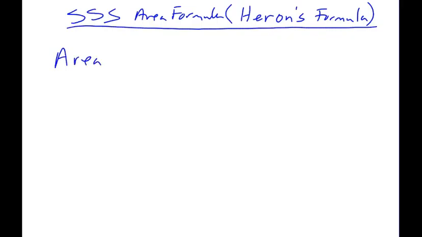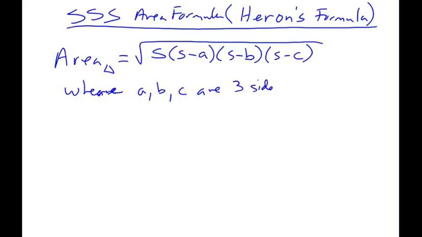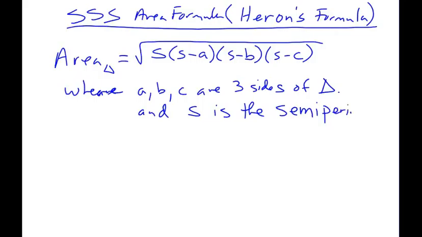It says the area of any triangle can be found by taking the square root of s times s minus a times s minus b times s minus c, where A, B, and C are the 3 sides of my triangle, and S is the semi-perimeter.